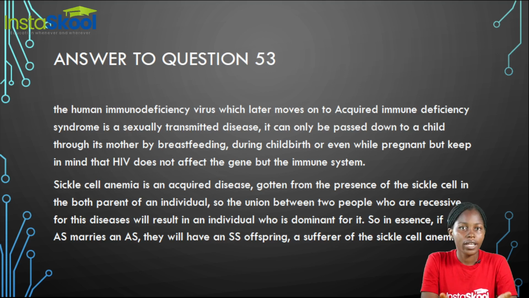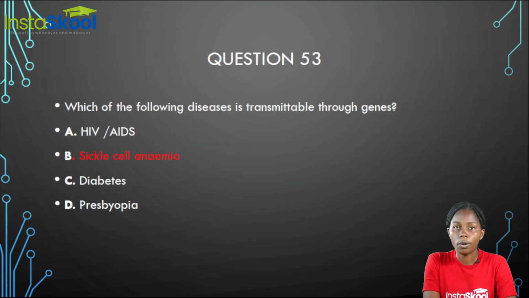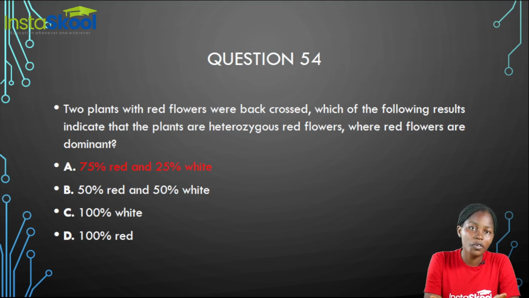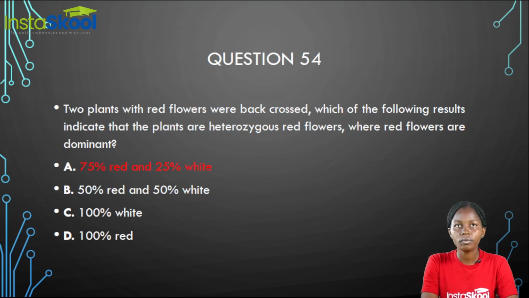For example, if an AS man should marry an AS woman, they will have an SS offspring, that is, an offspring that is a sufferer of sickle cell anemia. So our option B is very correct. Sickle cell anemia is transmittable through the genes. So we now move on to question 54.